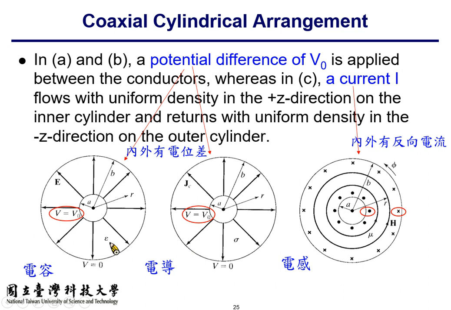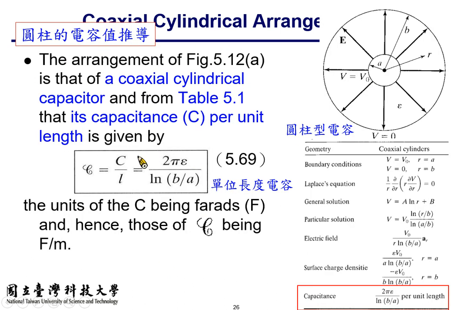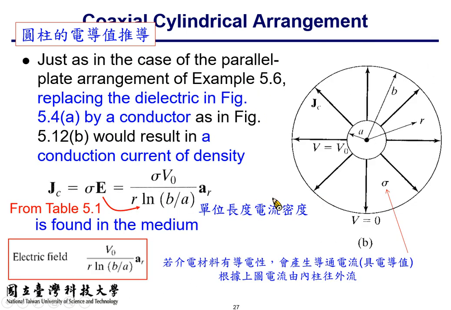Well, we still should begin with capacitance. All right, so here is the result according to the table. The per unit length capacitance, the total capacitance divided by the total length L, equals 2 pi epsilon divided by log of B over A. That's the per unit length capacitance. And as to the conductance, you apply a voltage difference V sub 0 between the inner and outer conductors.